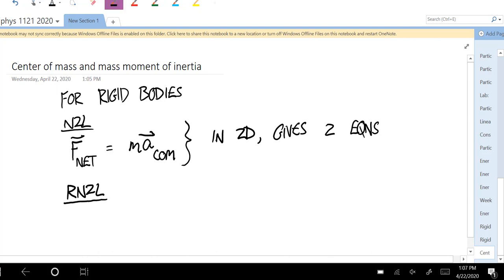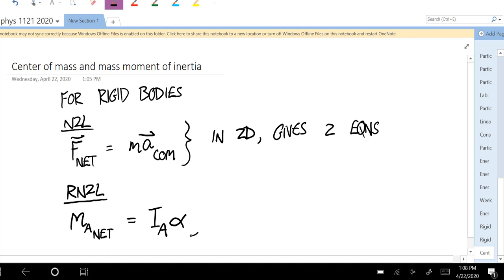And this says if you add up all the moments on a body about some point A, about some axis, add them all up, that's equal to this capital I. It's called the mass moment of inertia about a point A, that same axis, times the angular acceleration.